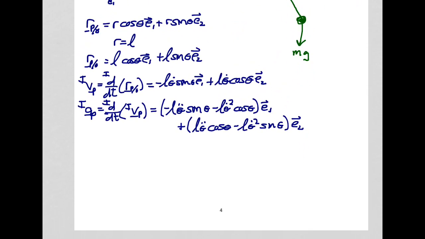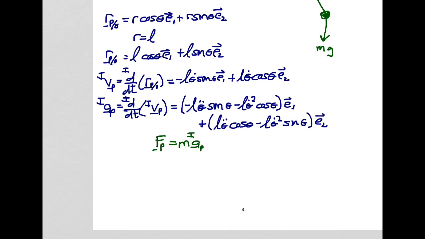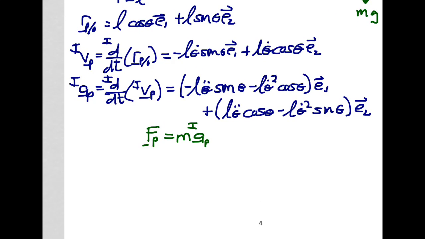Alright, so it's a matter of applying Newton's second law. Newton's second law says that all the forces on a particle are equal to the mass times the acceleration of that point as observed in the inertial reference frame. We have all that information, so let's just put it in. We get mg in the E1 direction minus F cosine theta in the E1 direction minus F sine theta in the E2 direction.